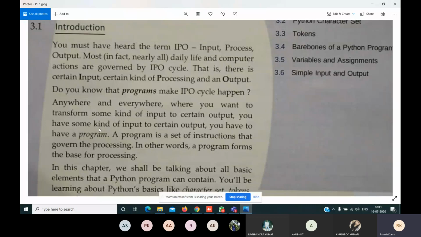For example, you want to make a cup of tea. What is the input, where does it process, and what do you get as output? You need raw materials.